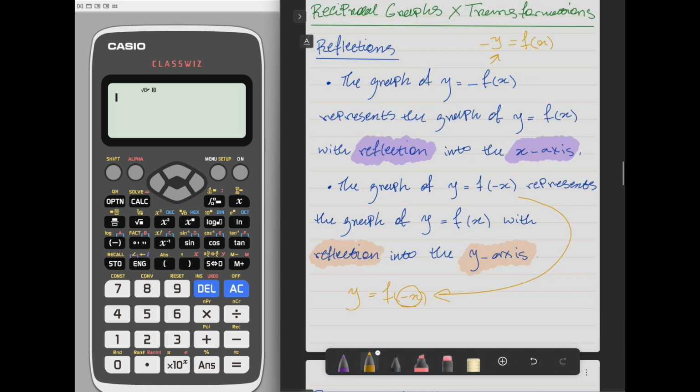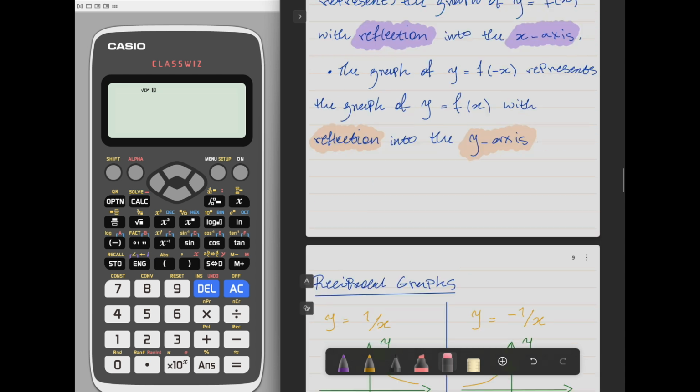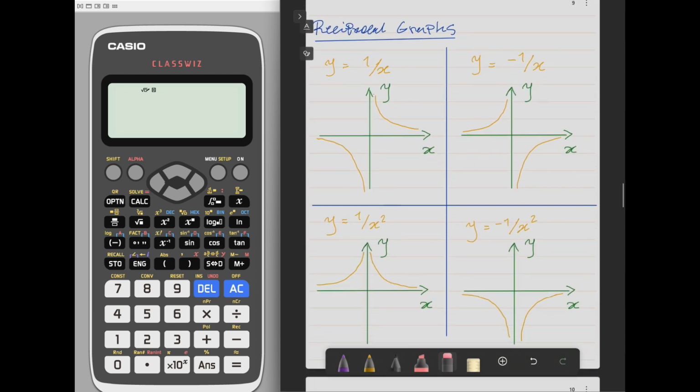So, y being affected, reflection into the x-axis. X being affected, reflection into the y-axis. I don't really use these mnemonics, but I just try to find a mnemonic for you to make it easy, if that makes anything easier.